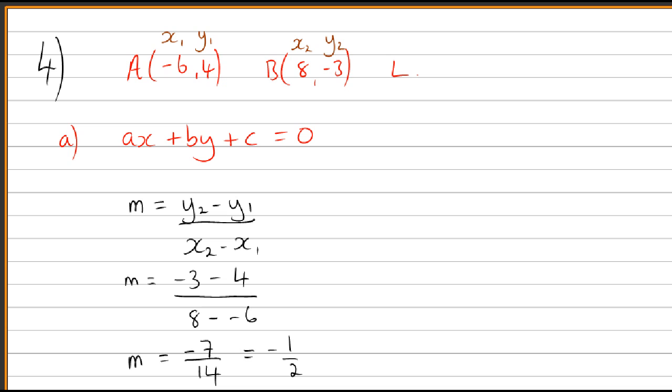Okay, so now we've got the gradient, we can use the formula to find the equation of the line: y minus y1 equals m in brackets x minus x1.